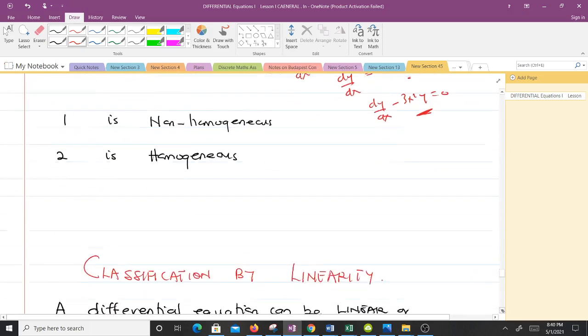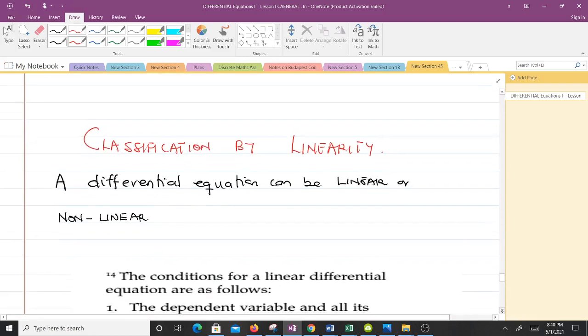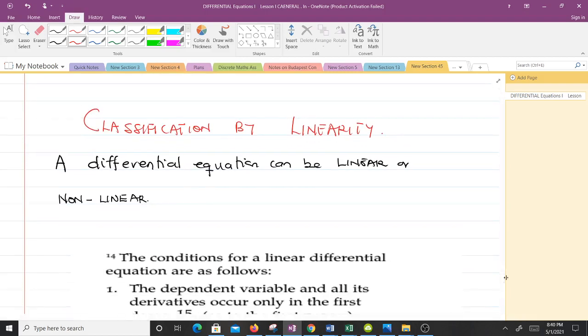So now let's go to the last thing we are going to be doing in this video. Classification by linearity. This is when we determine whether our differential equation is linear or non-linear. There are three conditions which have to be satisfied for a differential equation to be linear.